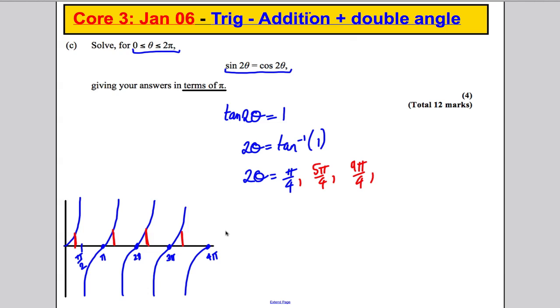And this one will be 3 pi plus pi by 4, which will be 13 pi by 4. Then to get theta, what we were asked for originally, divide everything by 2, so it'd be pi by 8, 5 pi by 8, 9 pi by 8, and 13 pi by 8, and we've done.